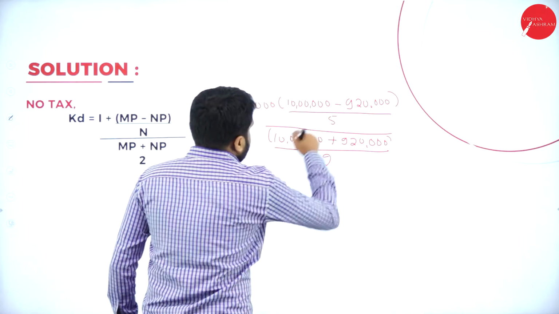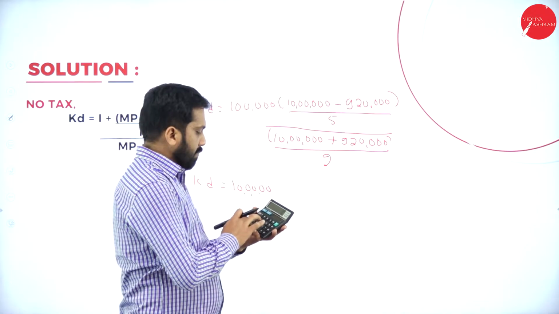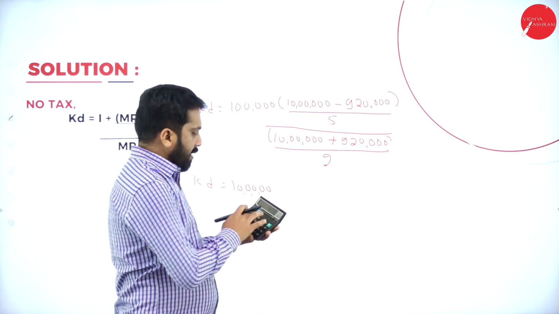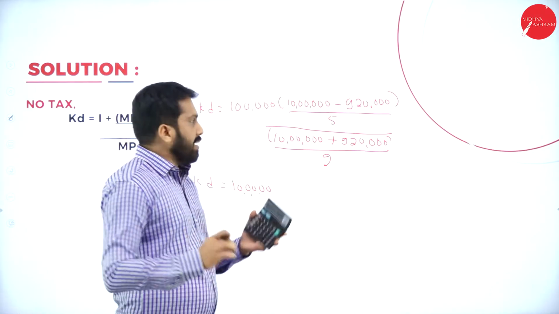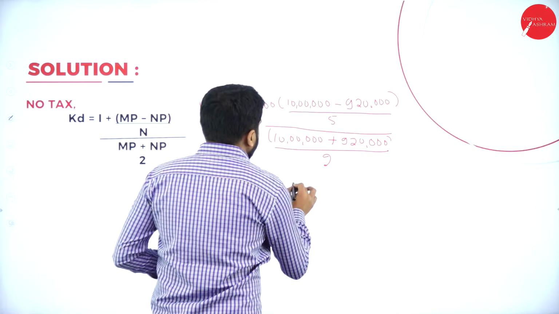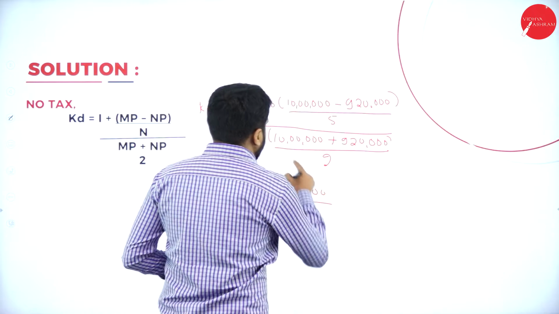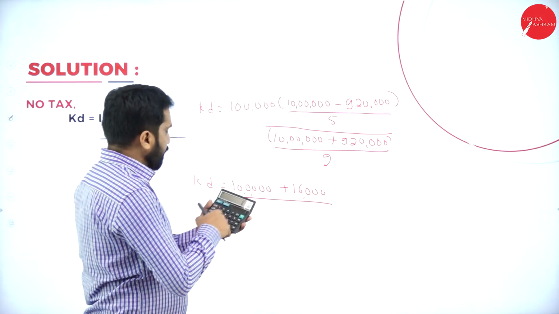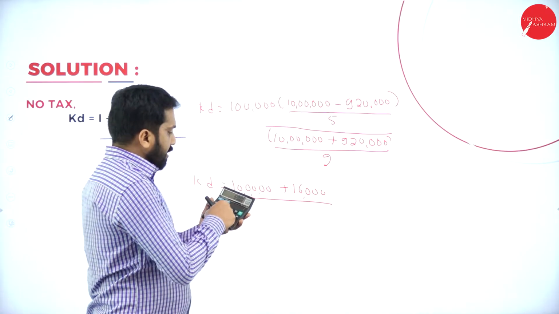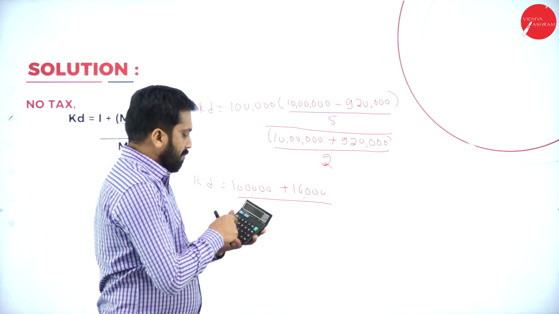Now, this will simplify. So, 10 lakh minus 9,20,000 divided by 5. Your final answer is 16,000, divided by, this one will simplify, 10 lakh plus 9,20,000 divided by 2, this is the average.